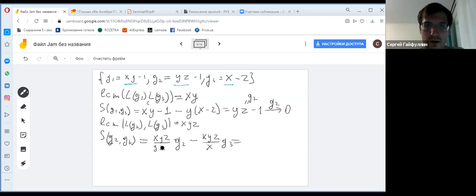Okay, this is x G2, so xyz minus x minus yz multiplied by G3. This is minus xyz and plus yz squared. So it's equal to yz squared minus x.